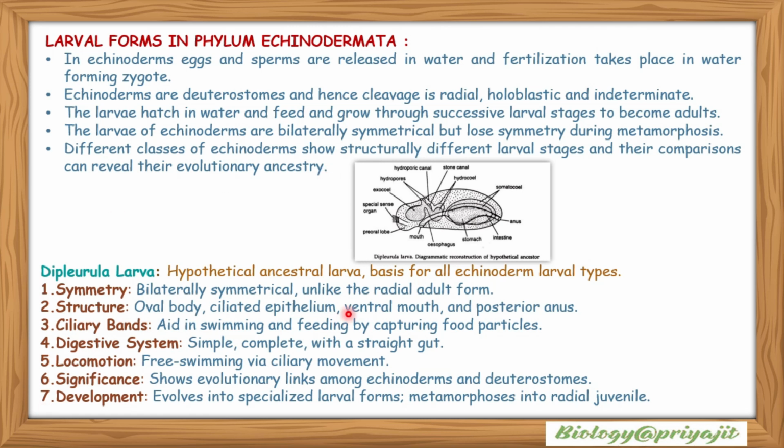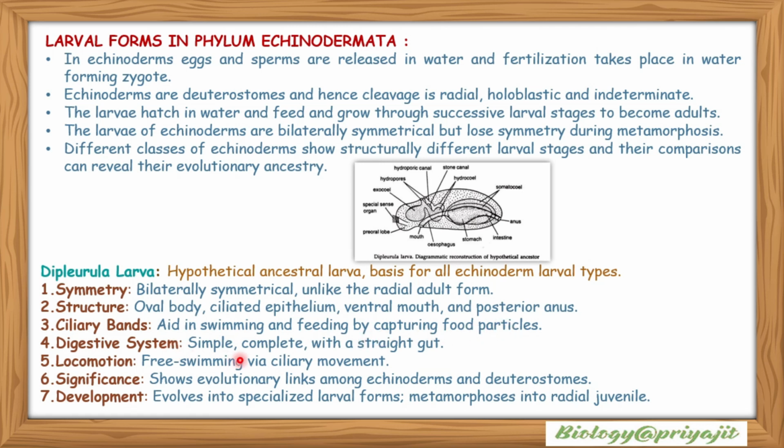Dipleurula larva: hypothetical ancestral larva, the basis for all echinoderm larval types. Symmetry: the larvae are bilaterally symmetrical, unlike the radial adult form. Structure: oval body with ciliated epithelium, ventral mouth and posterior anus. Ciliary bands: they aid in swimming and feeding by capturing food particles.